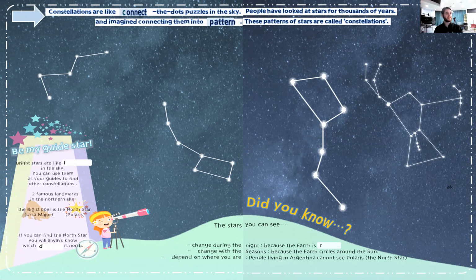Let's go down to the next part right here. Be my guide star. So bright stars are like landmarks in the sky. You can use them, the landmarks, the constellations, as your guides to find other constellations.